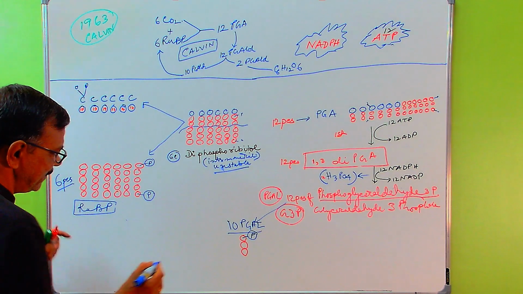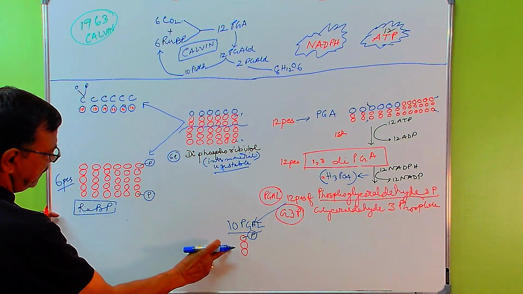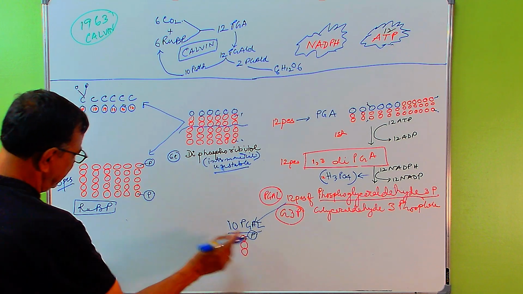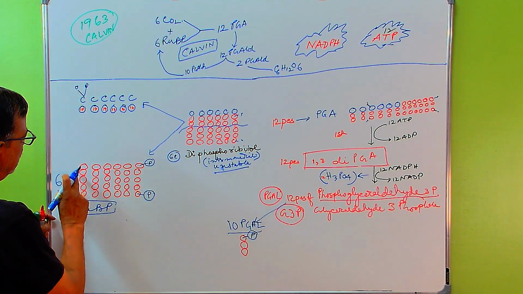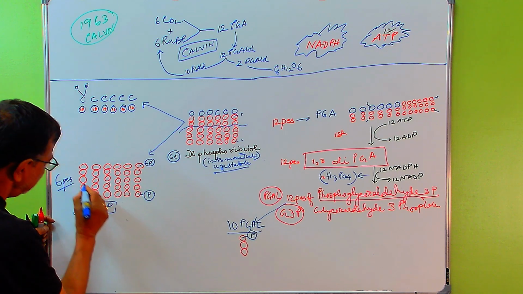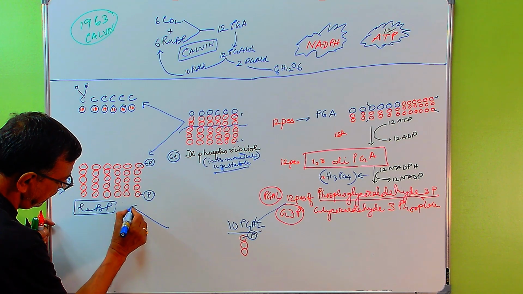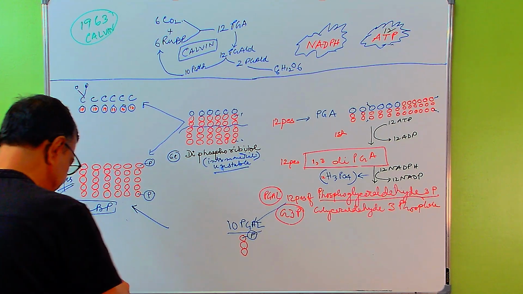What I will do? 10 pieces will constitute 10 pieces. 3 tens are 30. 30 will be there. 1, 2, 3, 4, 5. 1, 2, 3, 4, 5, 6. 5 sixes are 30. That is 6 pieces. So out of these 6 pieces, I will write here.